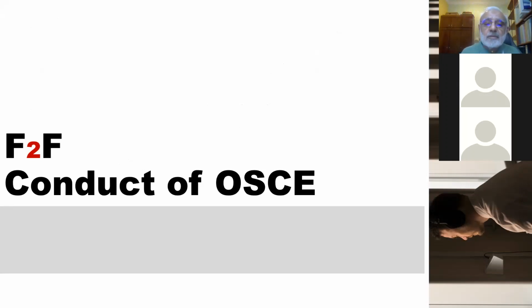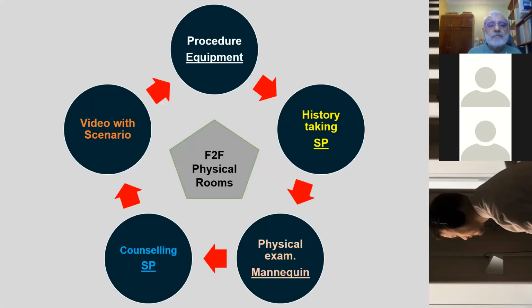So with that theoretical background and the different methods of looking at the OSCE, coming to the real issue: how to conduct a face-to-face OSCE. I'm sure many of you are familiar with this: we have a circuit of stations and students rotate around. The procedure can be history taking, physical examination, counseling, or a video with a scenario.